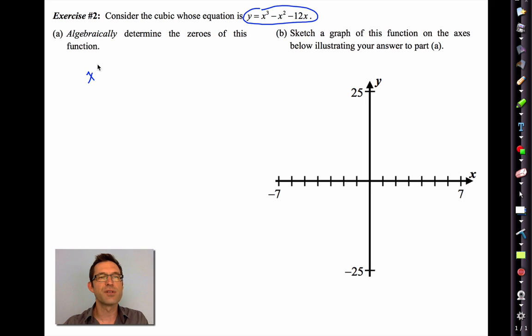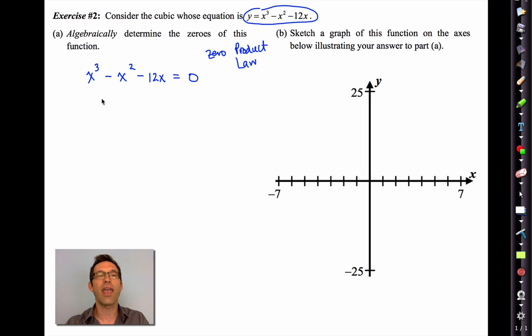Well, in order to find the zeros of any function, we're going to set that equation equal to 0. Now, how can we solve that equation? Well, we can't use the quadratic formula because the quadratic formula only works with ones where the highest power is x to the second.